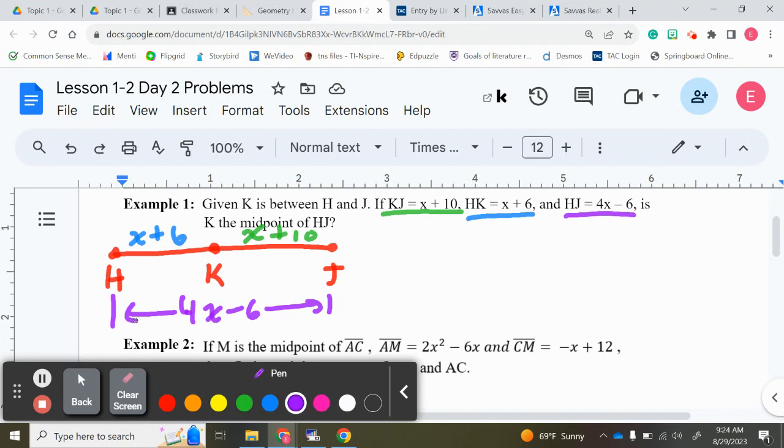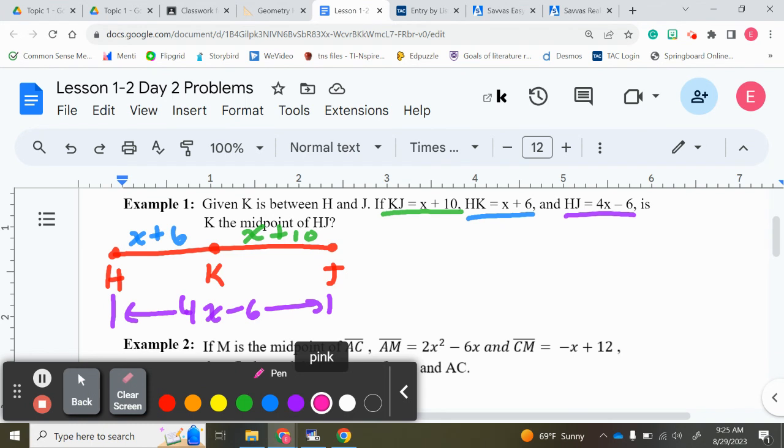All right, so looking at this, I need to solve for x. What am I going to apply here in order to solve for x? Who's got an idea? How can I set this up?